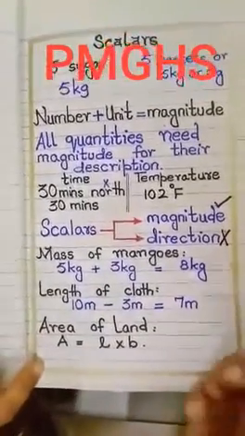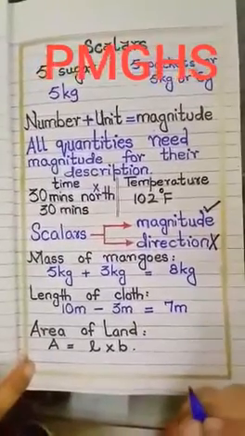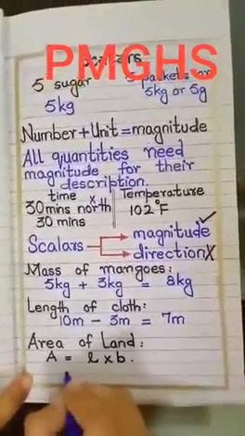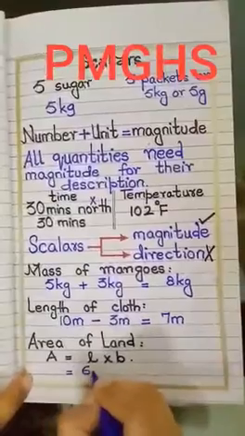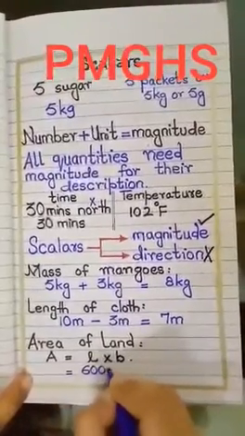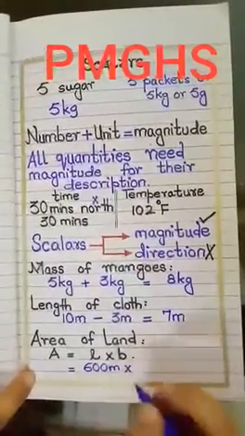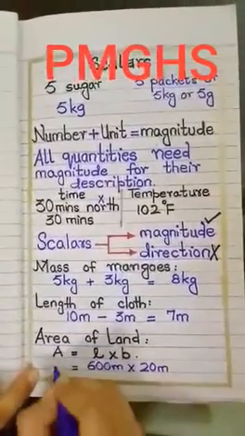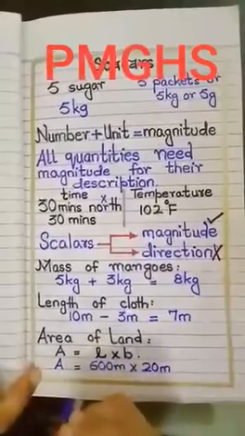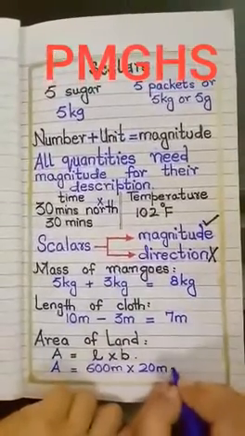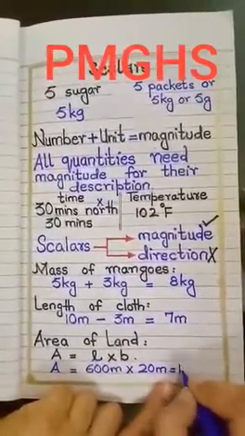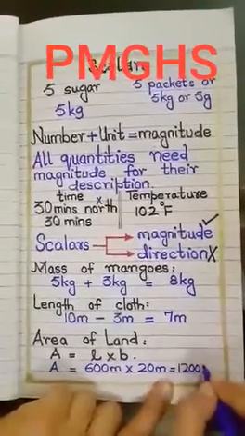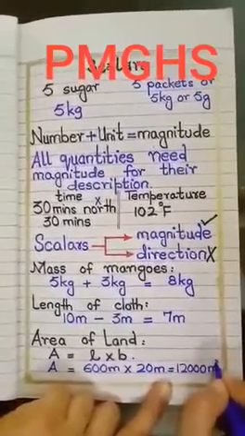My father buys a piece of land whose length is 600 meter and breadth is 20 meter. So the area of the land which my father has bought is 12,000 meter square.